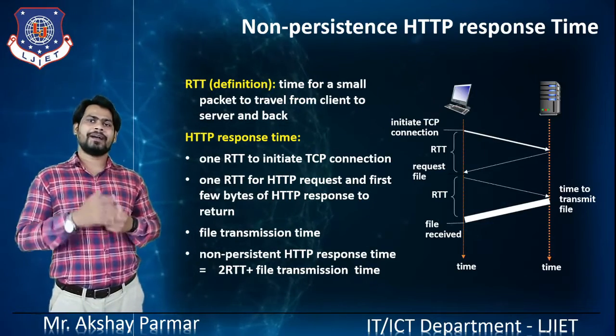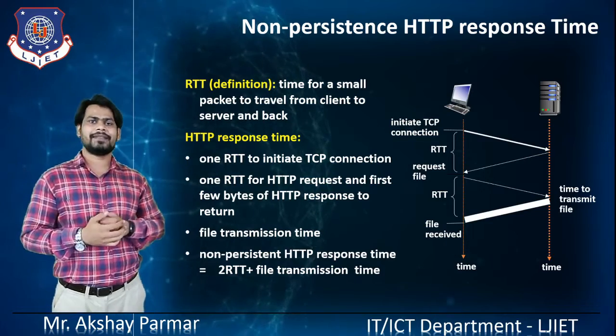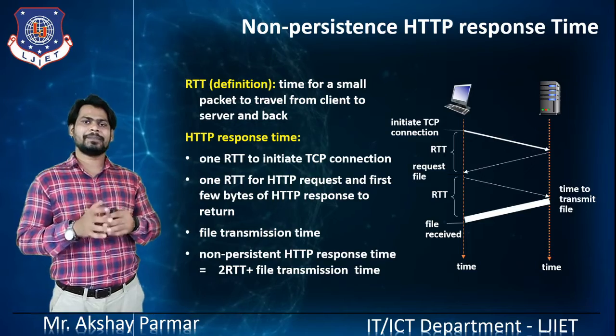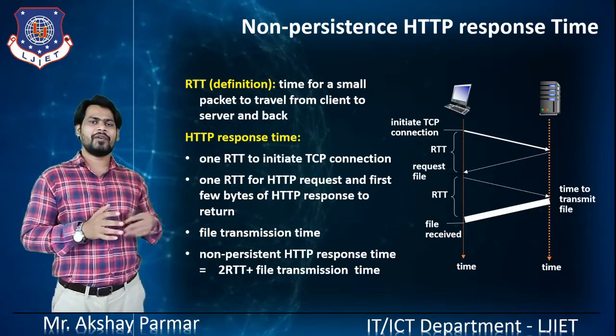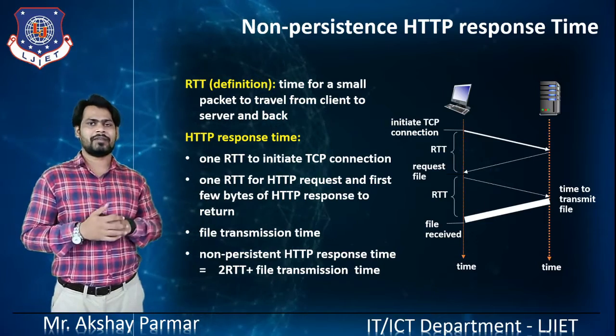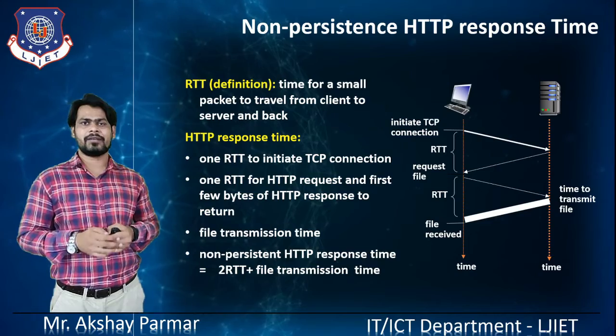In that, the client first initiates the TCP connection with the server, requesting connection establishment, right? So it is establishing a socket with the server. The server is already waiting for that kind of request.